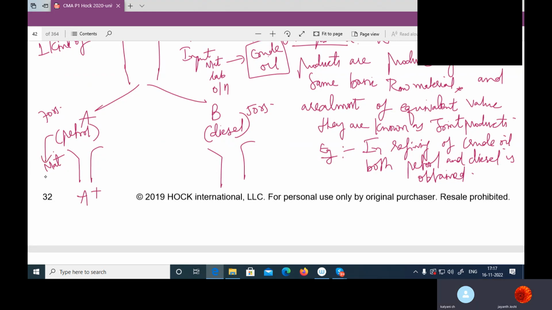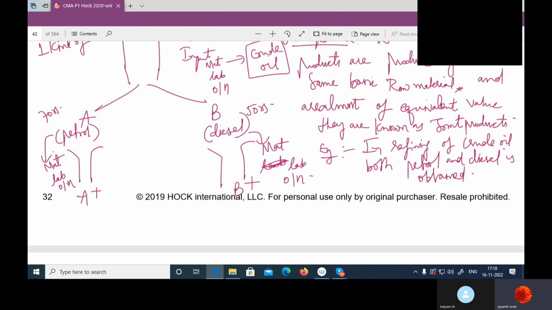If you are further processing this petrol, refining it or mixing it with some other chemicals to make some products, the material will be petrol, then labor, then overheads. It is separate. Then if you want to make some product with diesel, then diesel will be the material, and then there will be labor and overhead.